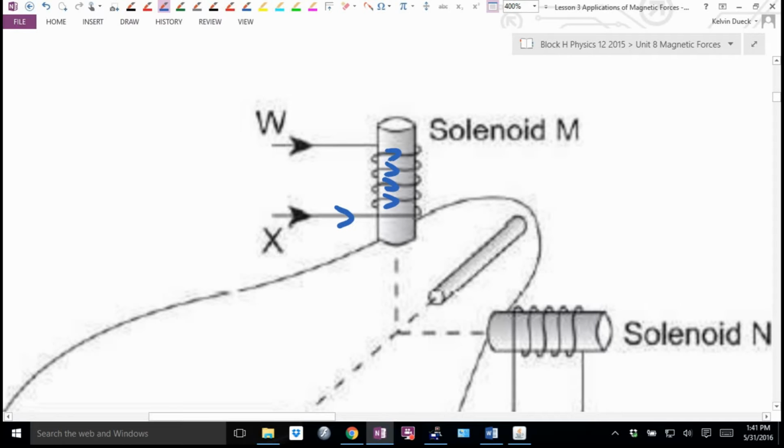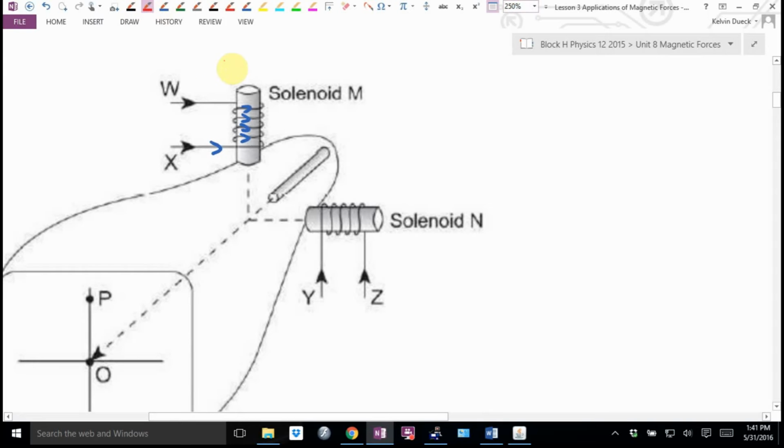Where is the North Pole on this solenoid? I'm looking for a word that begins with the letter T and has 3 letters. Okay. All of you right now, and now I'm going to zoom out again. All of you right now, put a little north right there, a little south right there. That's step 1. Okay?